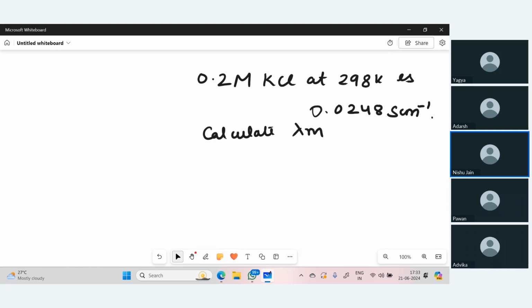Calculate molar conductivity. All of you do it. I will repeat: the conductivity of 0.2 molar KCl is 0.0248 Siemens per centimeter. Calculate molar conductivity.